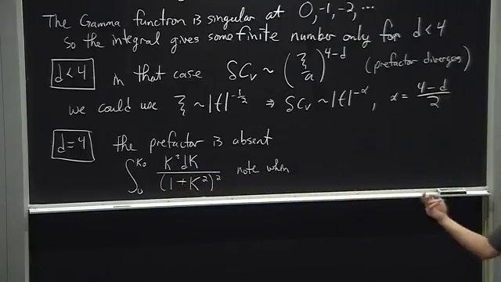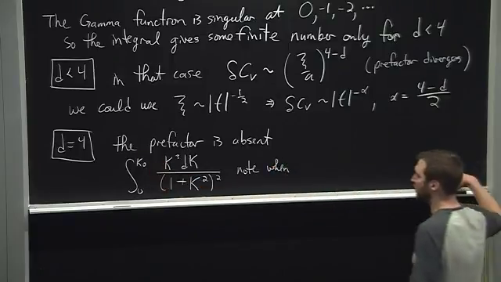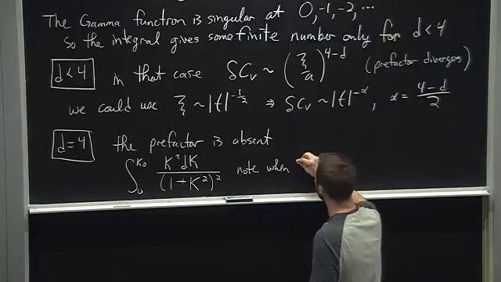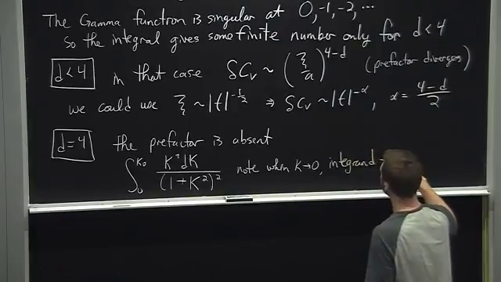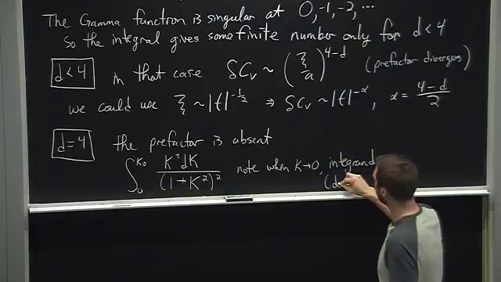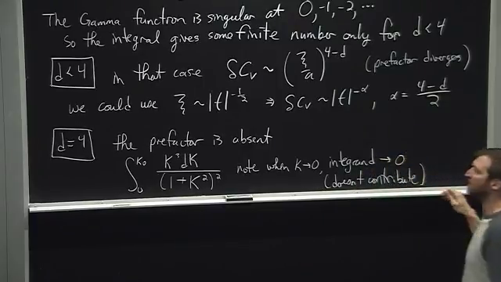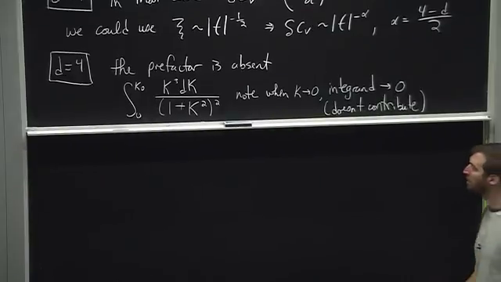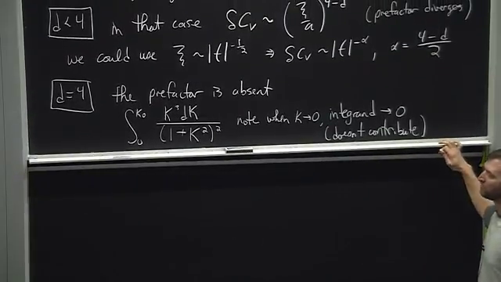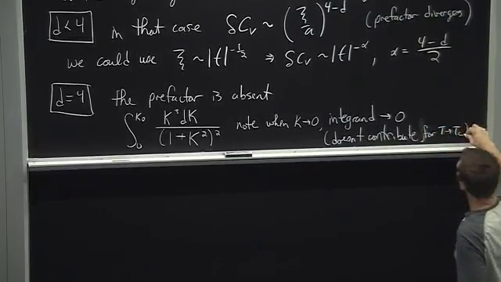So the contributions near that lower limit of integration don't give you much. Everything comes from the upper part. The integrand goes to 0, so it doesn't contribute. So any divergences come from the upper limit, as long as we're sufficiently close to the critical point, for t going to tc, say.